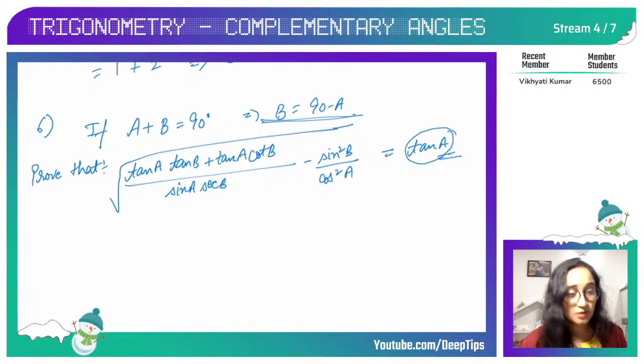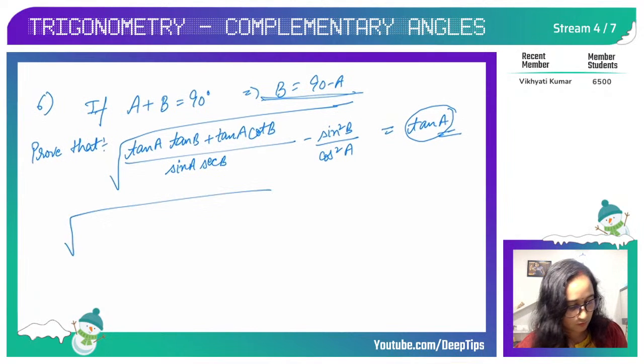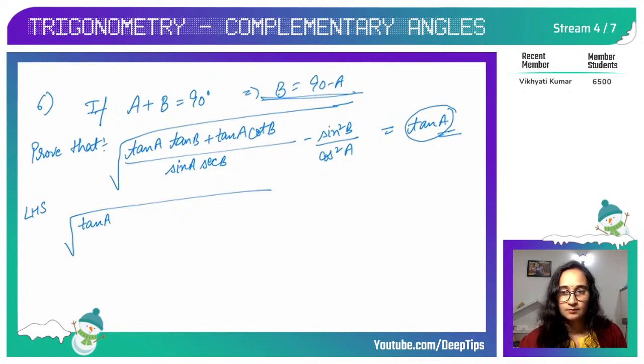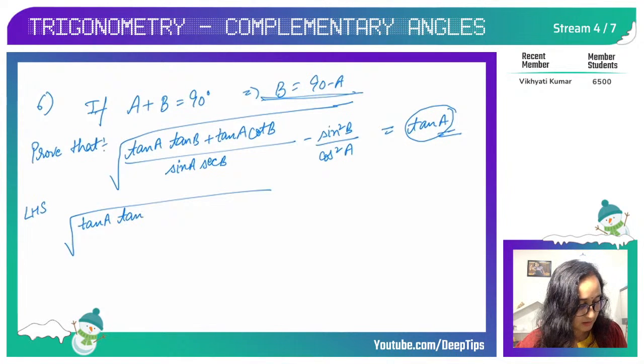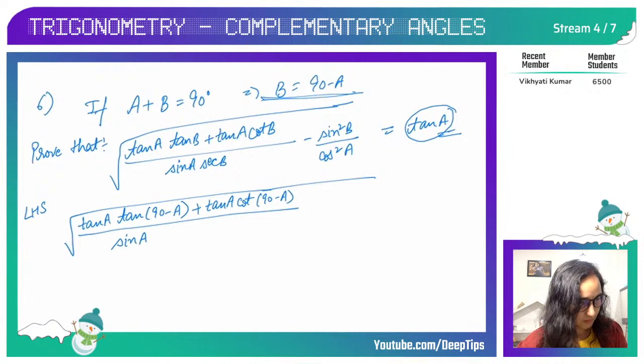Okay, so now let's solve it further. I will write in my root, that is my left hand side, tan a will stay the same, but tan b can be written as tan of 90 minus a, plus tan a cot of 90 minus a, and then in the denominator I have sine a and secant 90 minus a.